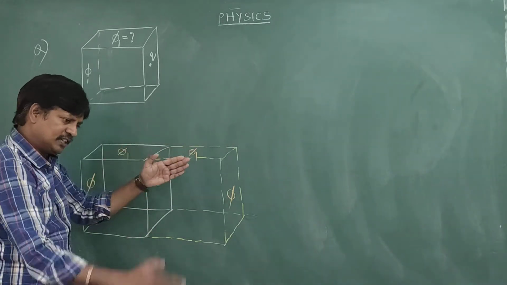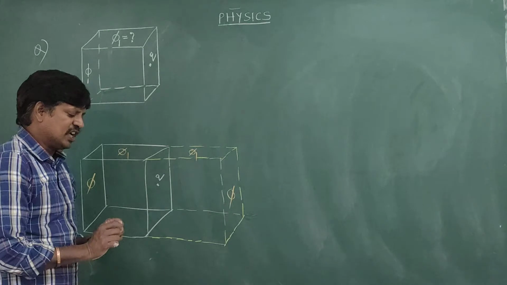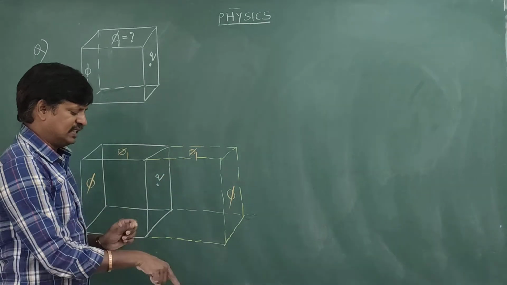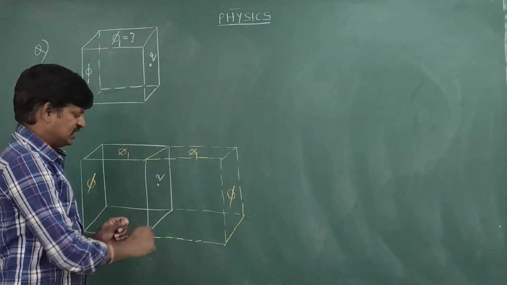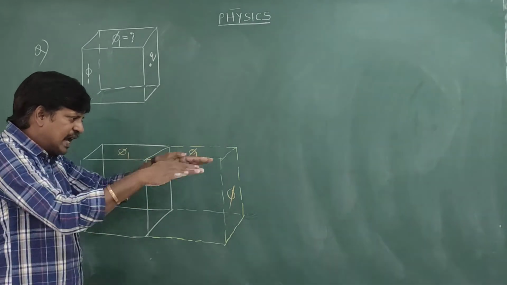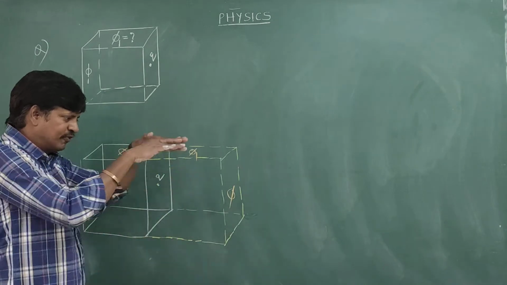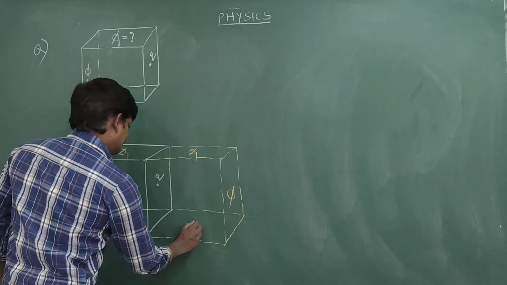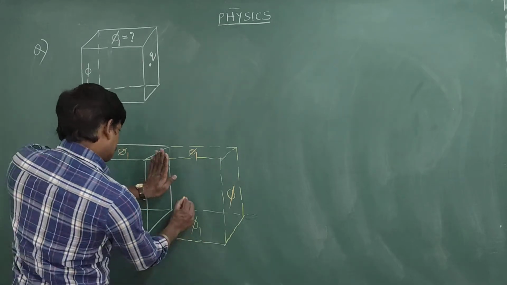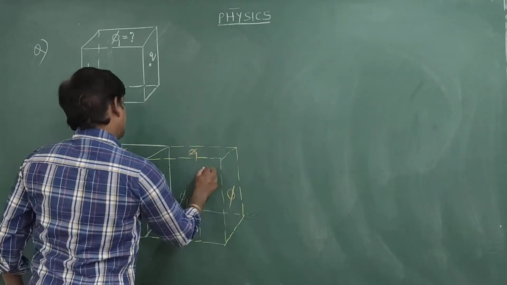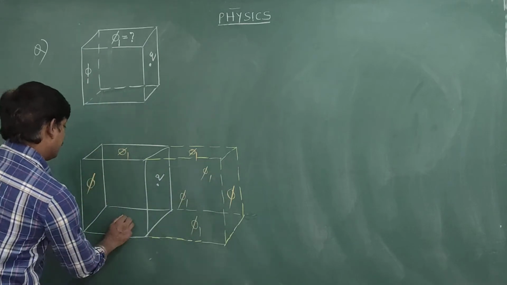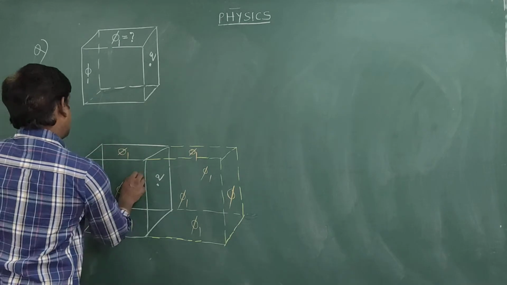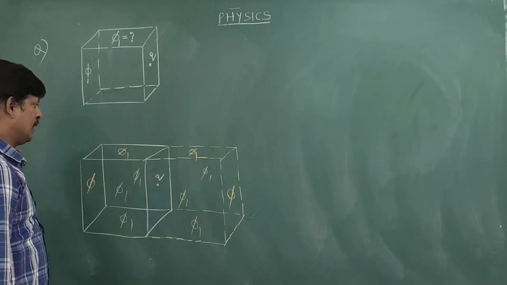See, for this one, for this one, for this one, for this one, the charge is identical. So this charge is identical to all the four faces. That means flux through the bottom face, flux through the front face, flux through the back face, and here also flux through the bottom face, front face, and back face is identical.